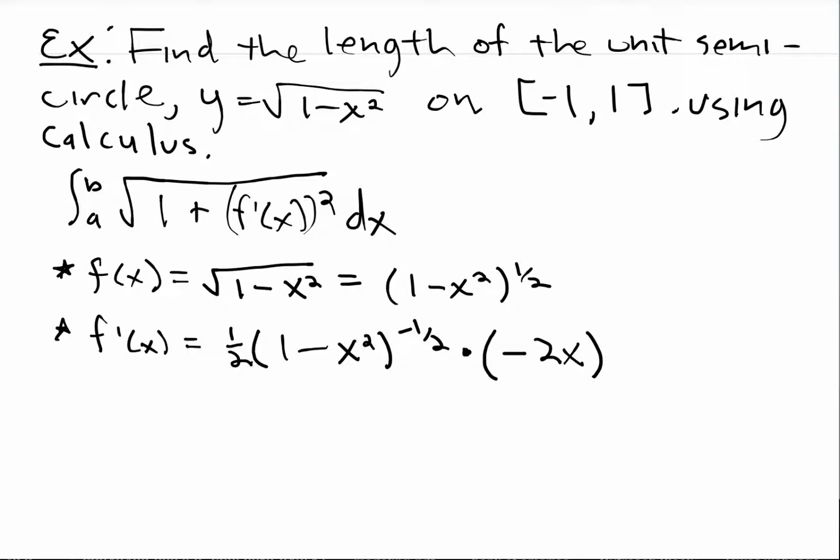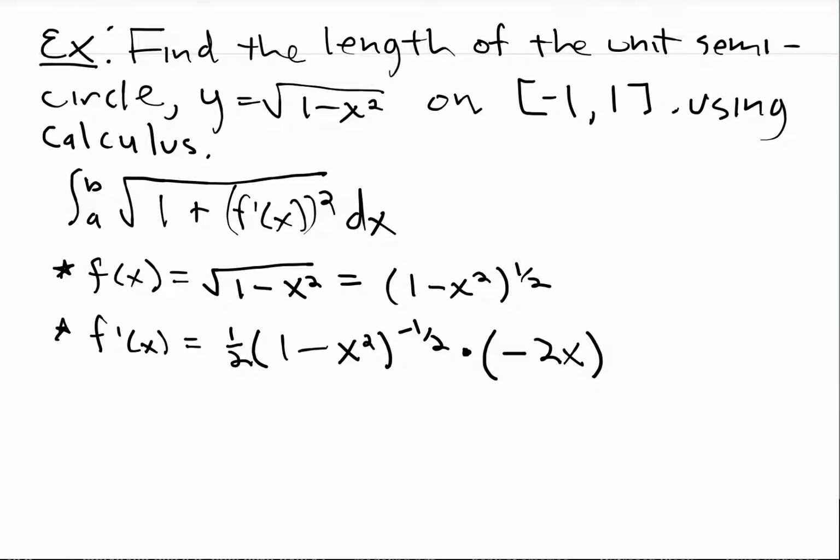So I get a minus 2x here. This is a gross expression for me to try to plug back into my arc length formula, so I don't want to leave it as this. I probably want to clean it up a little bit first.